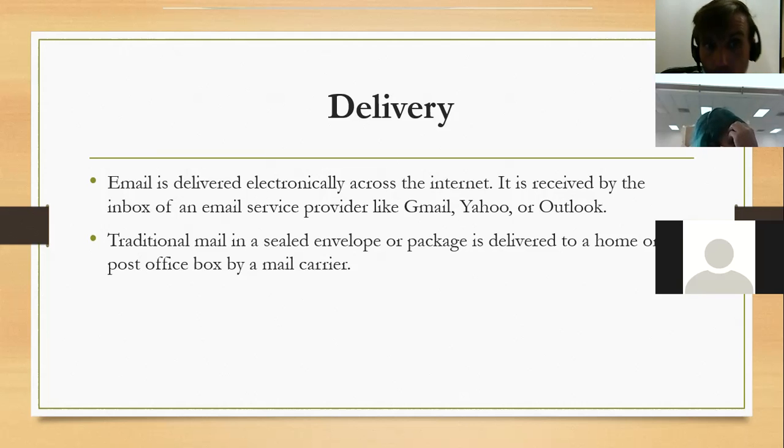And then I mentioned the three email service providers, the big three, probably the most popular three without question, which are Gmail, Yahoo, and Outlook. And again, traditional mail is usually in a sealed envelope or package and is delivered to a home or post office box by a mail carrier.